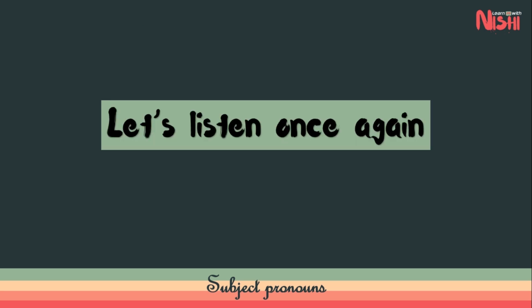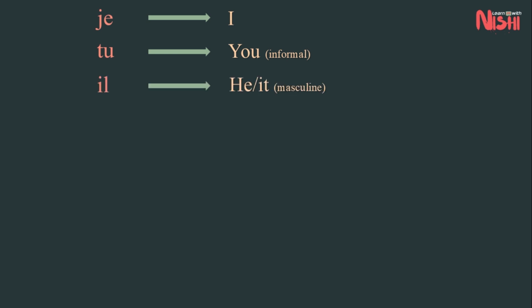Now we will revise all the subject pronouns once again with their uses. Je is I. Tu, you, informally. Il, he or it for masculine. Elle, she or it for feminine.